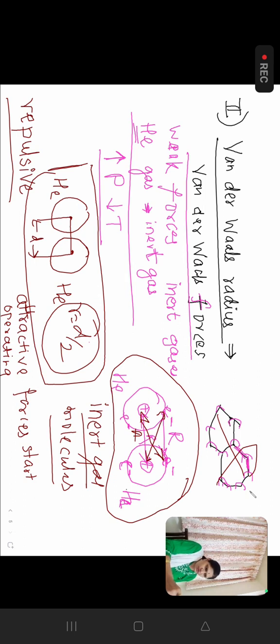Between hexagonal sheets there are van der Waals forces, but that is a different topic. Here, between inert gases, there are van der Waals forces of attraction. So you should correlate. You can write one more line: van der Waals forces exist in inert gases. Yes, ma'am. Thank you, ma'am.